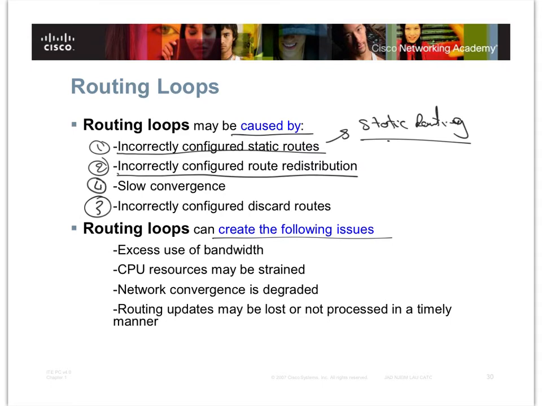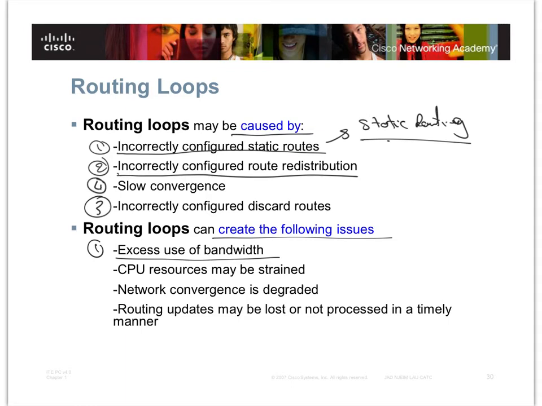If routing loops actually happen, what is the implication of this? What are the side effects of routing loops? Side effects of routing loops are enormous. One, excess use of bandwidth, because we are now sending data incorrectly.